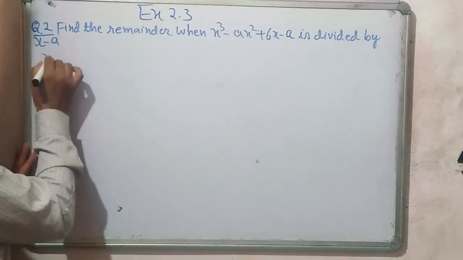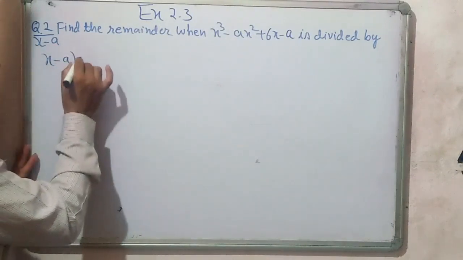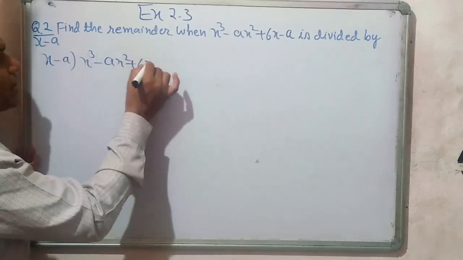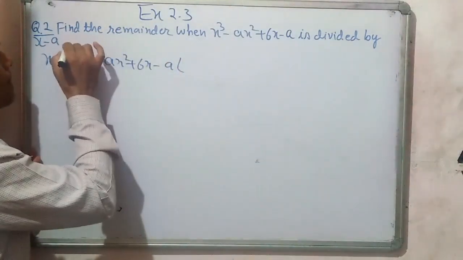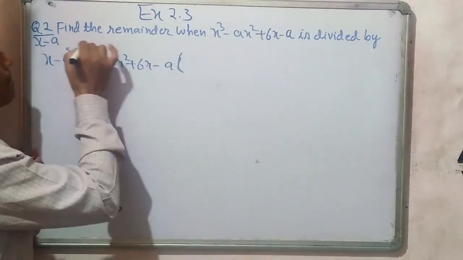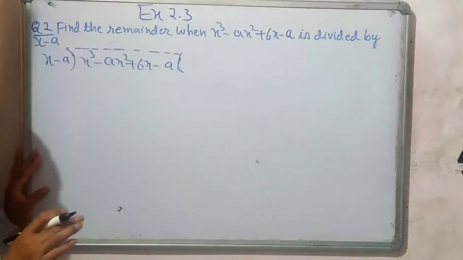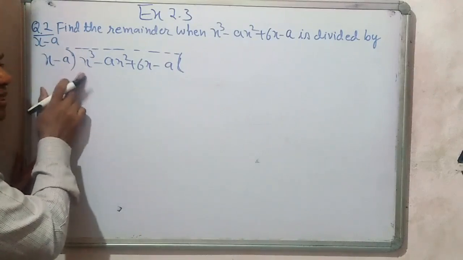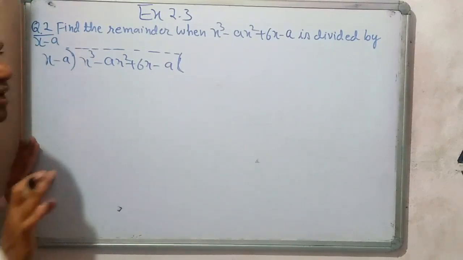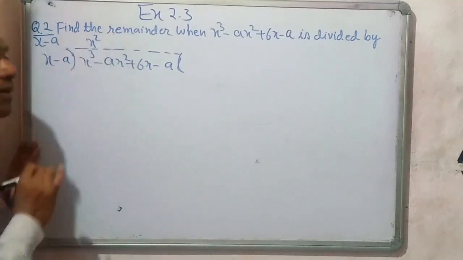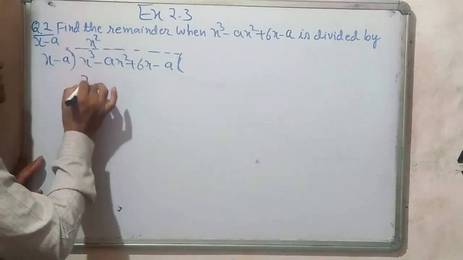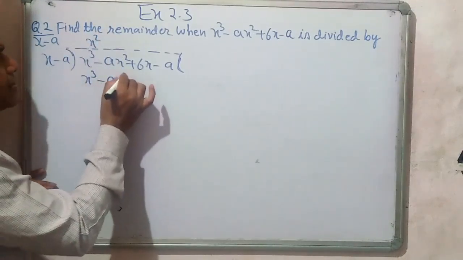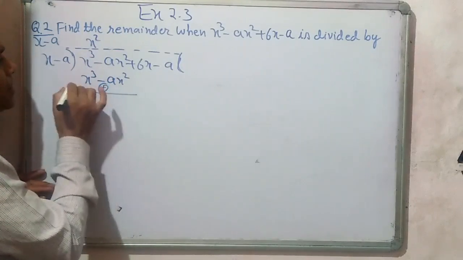We can divide it directly, x minus a dividing x cube minus ax square plus 6x minus a. Right? x cube upon x, largest degree term upon largest degree term. What does it give us? x square. So x square into x is x cube. x square into a is ax square. Sign changed.